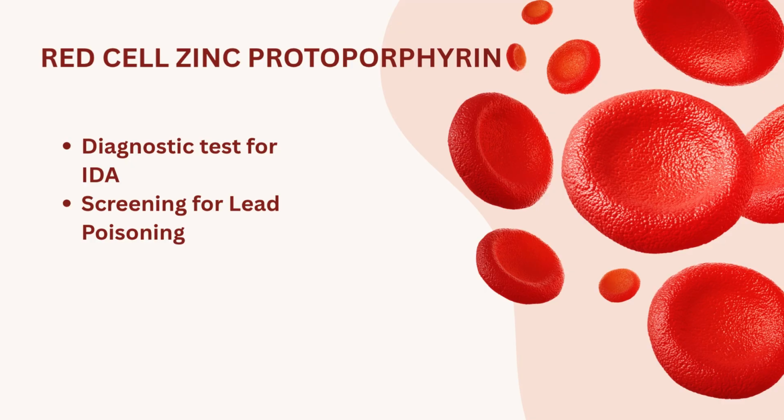In iron deficiency anemia, where the utilization of iron is defective, zinc is incorporated into the protoporphyrin 9 ring, which then attaches to the heme site on globin, forming a non-functional molecule that remains for the life of the red blood cell.